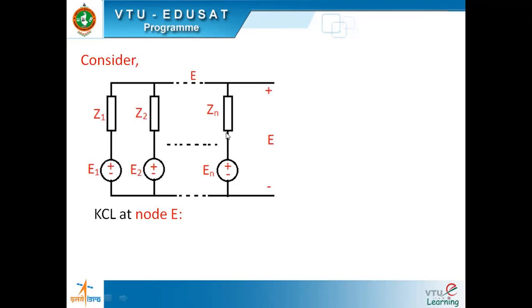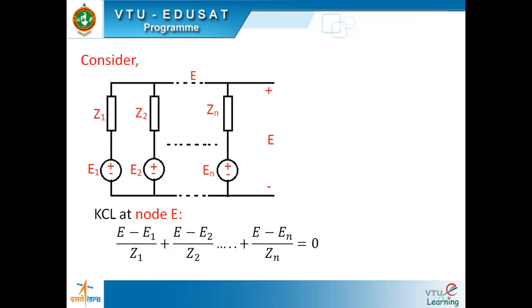Such n number of currents are there. The sum of all these leaving currents should give us 0, because there is no entering current. So that's why we get this equation. Is this okay with you, everybody? We have n branches, n currents, and all the currents are leaving the node.